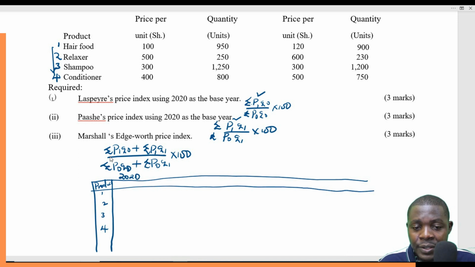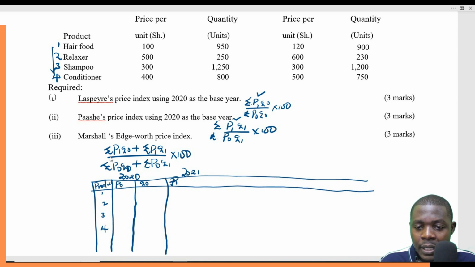This one will be P naught, and the quantity for the year 2020 is going to be Q naught. Then for 2021, the prices and the quantity will be P1, Q1. Here it is P1, and then we have Q1.